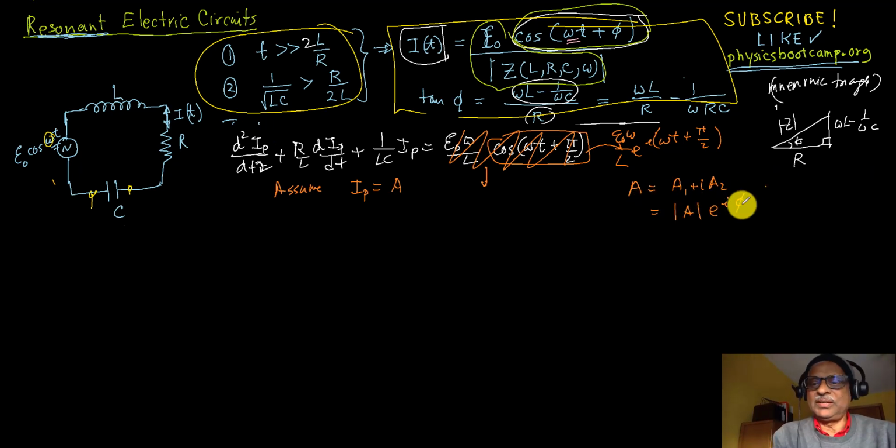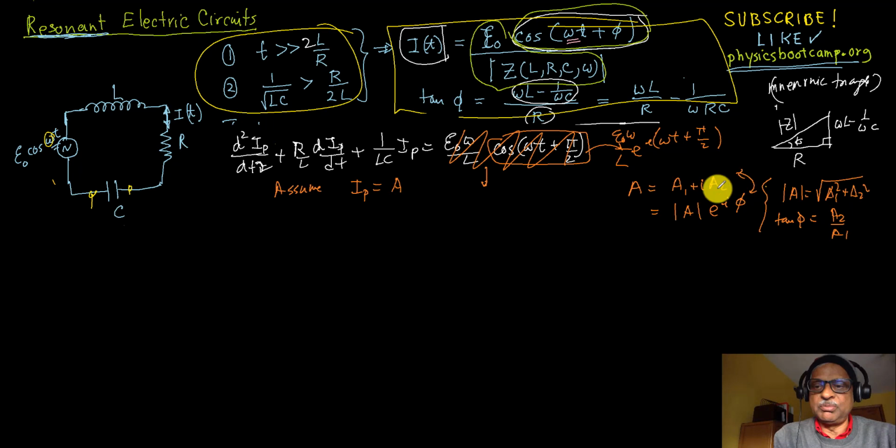So the A is just the square root of A1 squared plus A2 squared, and tangent phi is A2 over A1. So that's the relationship between them. And if I know this, I can get A1 will simply be A cosine phi, and A2 will be A sine phi.